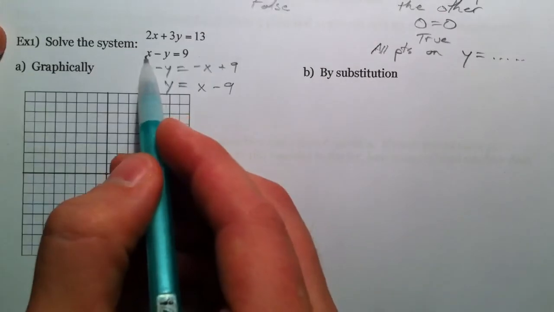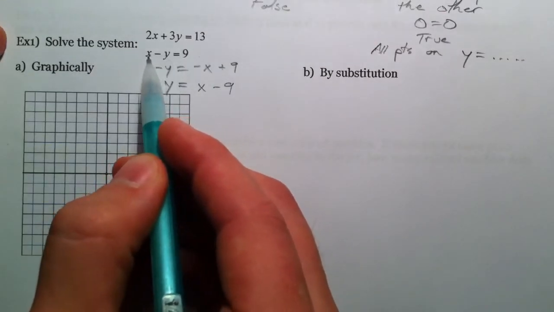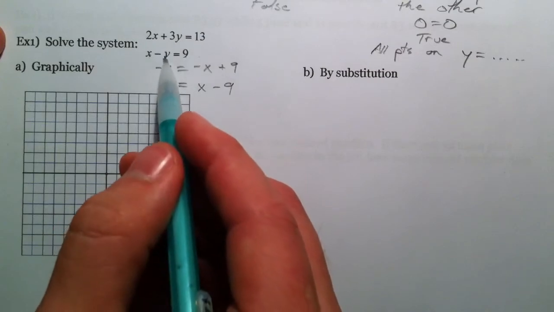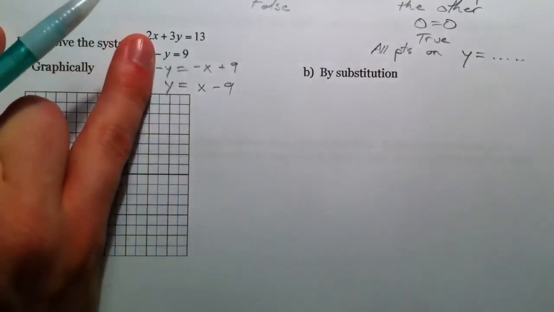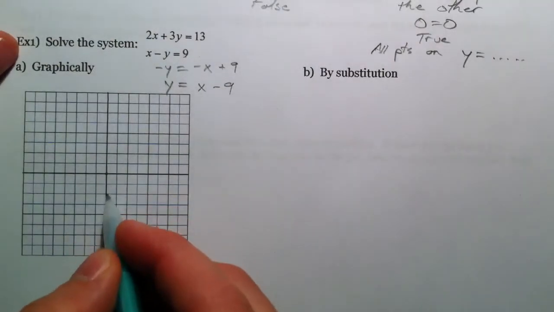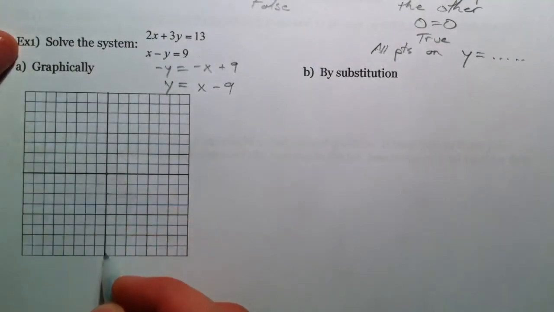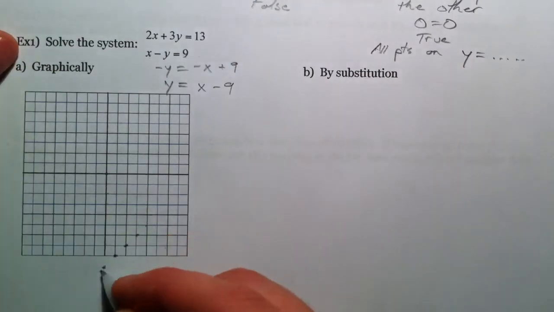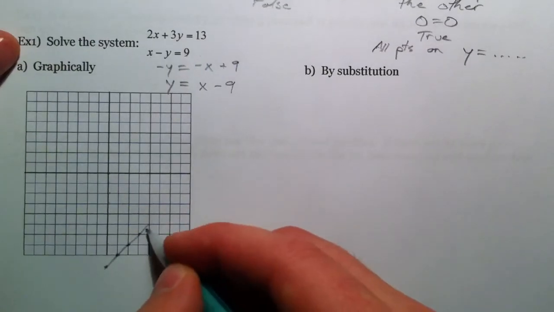Remember that we could also have used the x-intercept and the y-intercept. So the x-intercept would be 9, and the y-intercept would be negative 9 if you're plugging in 0 for x and y. So 1, 2, 3, 4, 5. A little off the page there, but this is what it looks like.